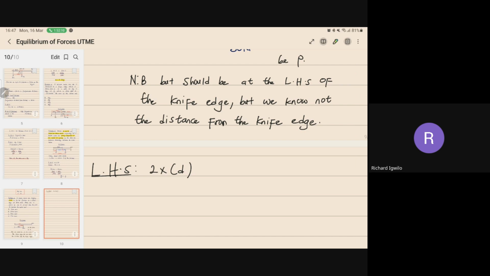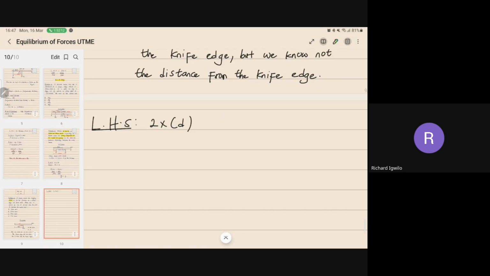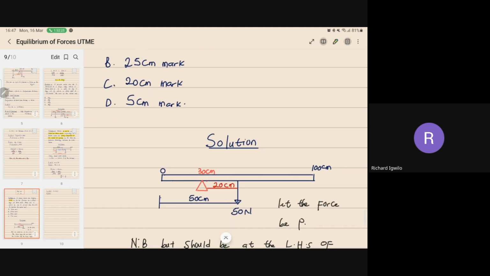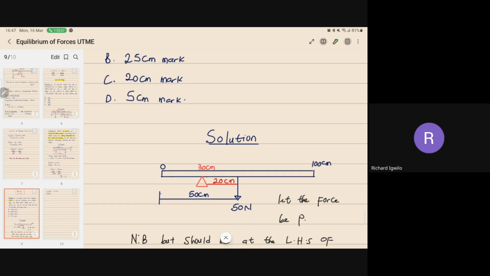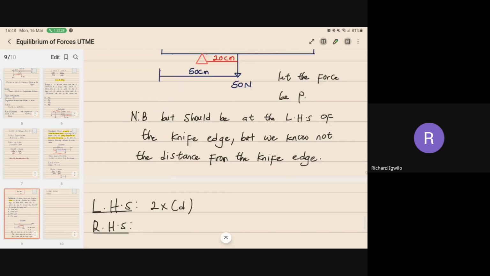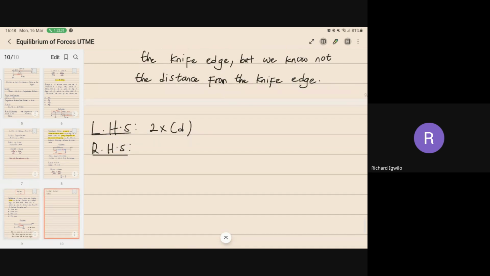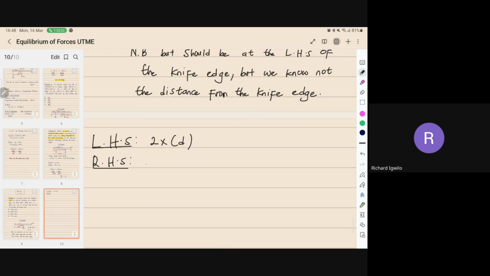All right, so let's proceed. So now, this is the force, which is 2. This is the distance, we don't know where it is. Then the right-hand side. On the right-hand side, they've given us the values. So the right-hand side is 50 Newton, and the distance is 20, right, for the right-hand side. So we're going to have 50 times 20.